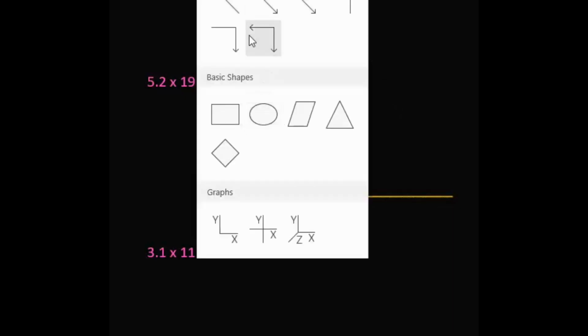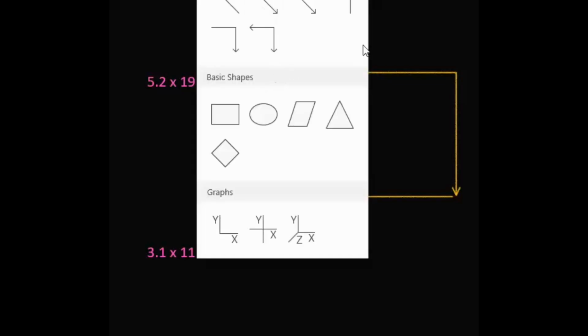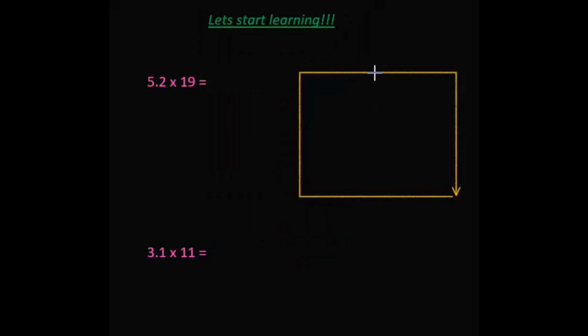Let me get another line. Not another rectangle, the other line to the rectangle. Just ignore that arrow right there, it doesn't mean anything. Now let me draw two lines right here.